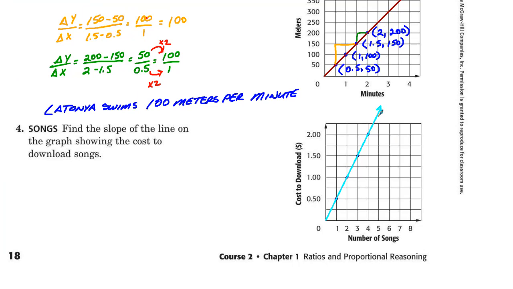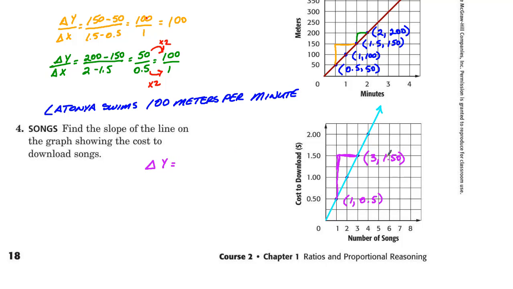If each song cost 50 cents to download, notice this time the slope, if we go between these 2 points, here it was 1 song for 50 cents. And here it was 3 songs for $1.50. Notice this time our slope is actually a decimal.